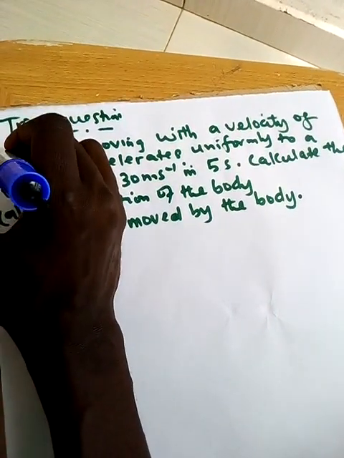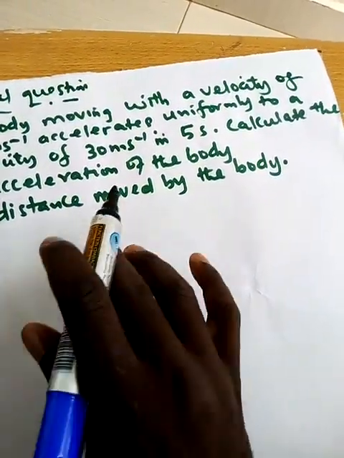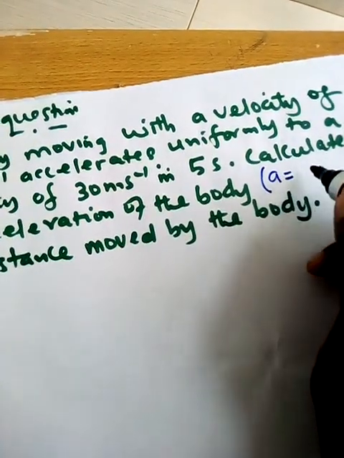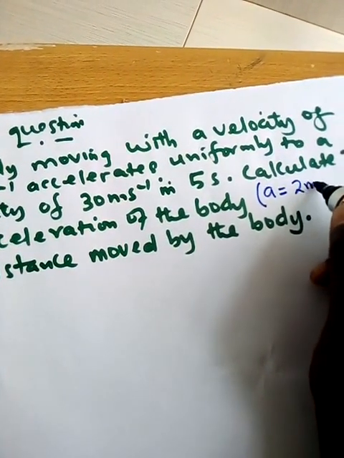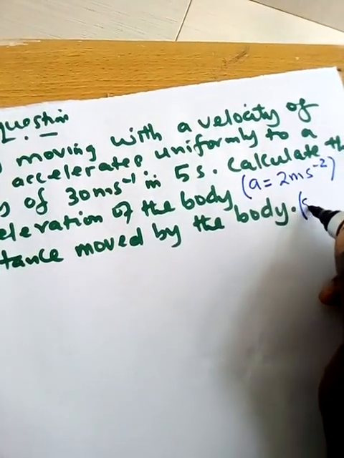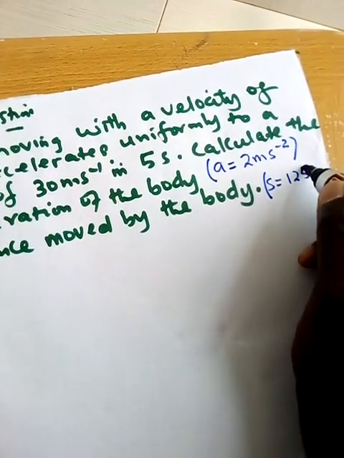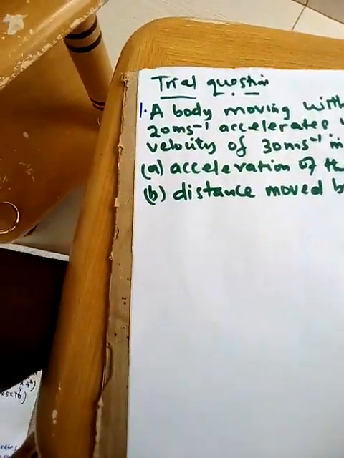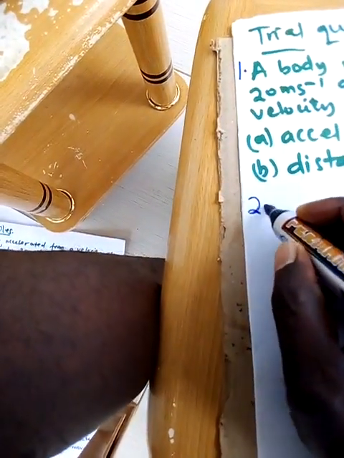Let this one be question number 1. I give you another question also. This one, the acceleration is 2 meters per second squared. Then this one, the distance S is 125 meters. Yes. Let me give you question number 2.